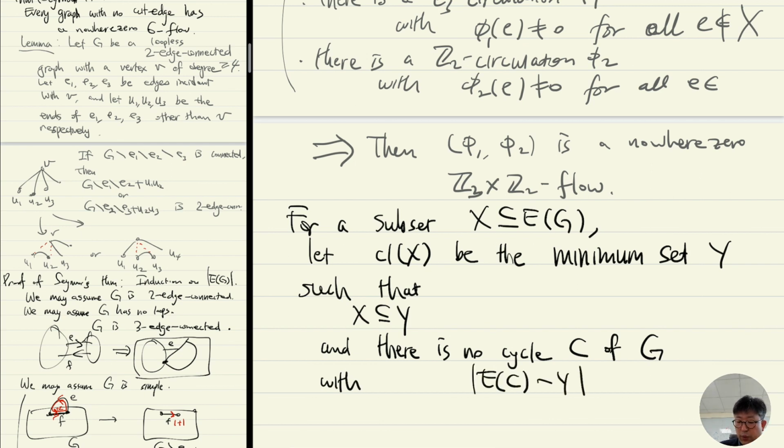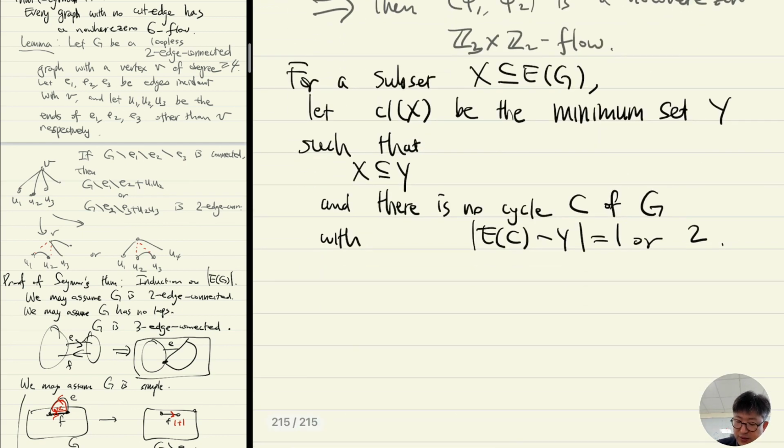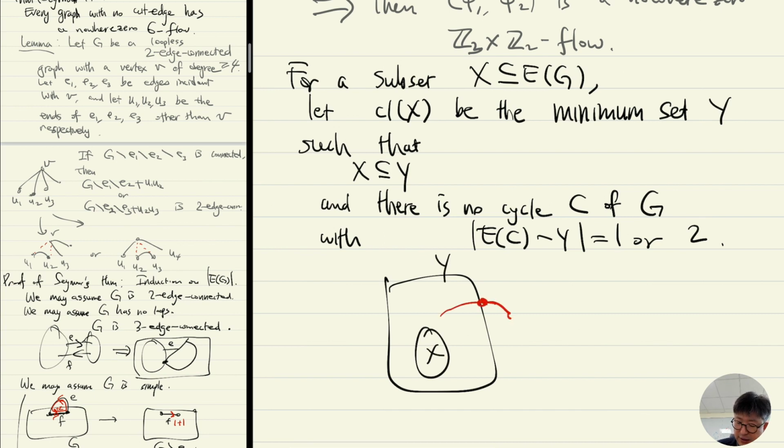So when I remove Y, you don't have any cycle that has only one or two edges outside. This kind of thing is forbidden, and you want to find the smallest set having such a property.